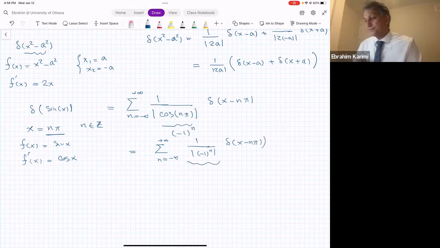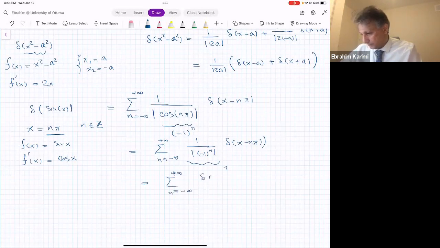What is this quantity, guys? It is always equal to 1, right? That's true, Kevin. So that will be equal to 1. So essentially, you will get the summation over n from minus infinity to plus infinity of delta of x minus n pi. This is due to the fact that sine is a periodic function with the same amplitude everywhere.